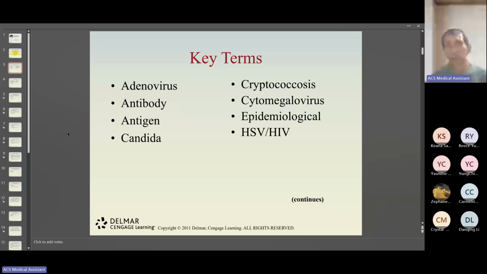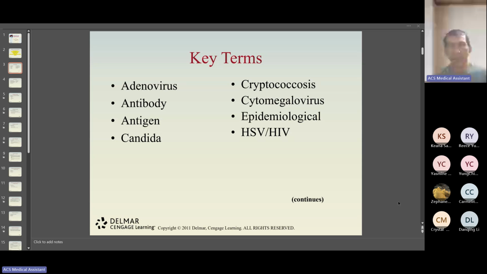Adenovirus is one of these microorganisms that causes infections, a viral infection.